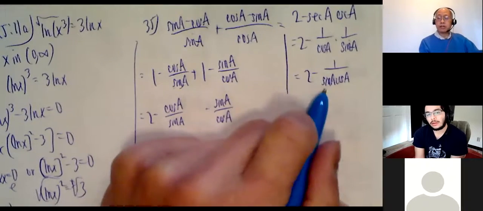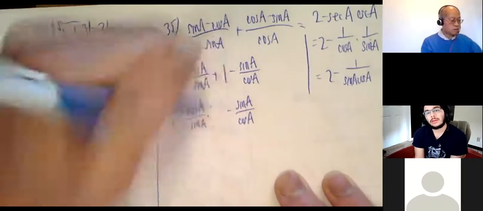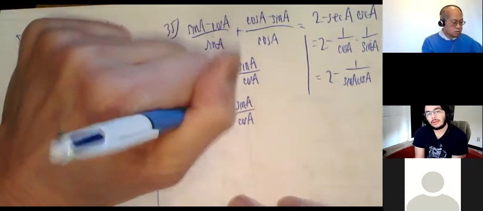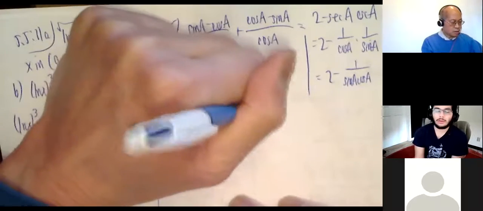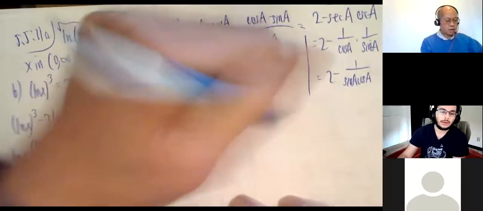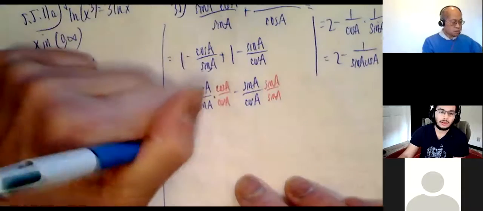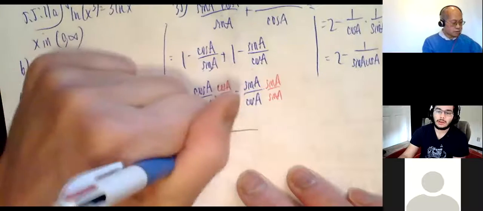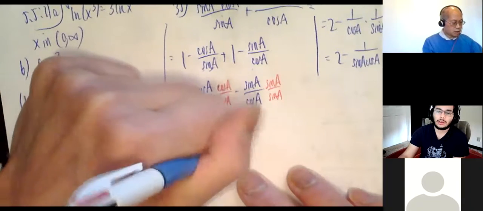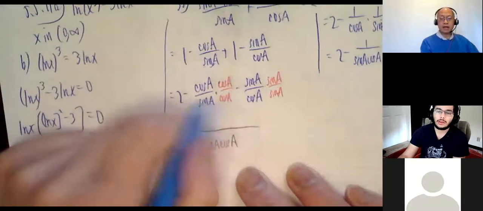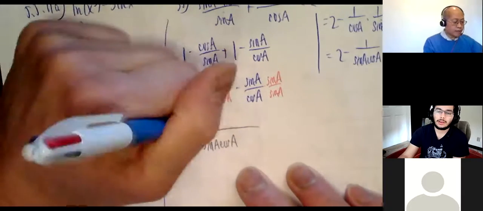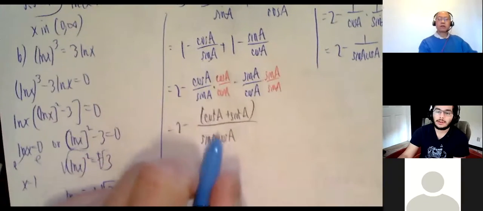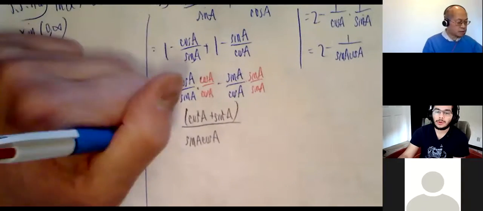And look at where I'm heading for. I want sine A cosine A. So times cosine A over cosine A, sine A over sine A. So it's 2 minus, common denominator, sine A cosine A. Okay, both of these have a negative, so I'll factor out the negative, and it'll be cosine squared A plus sine squared A. And we know cosine squared A plus sine squared A is 1, and there it is, the match.